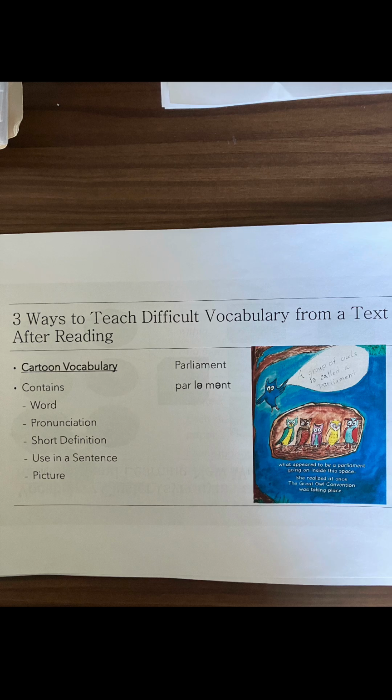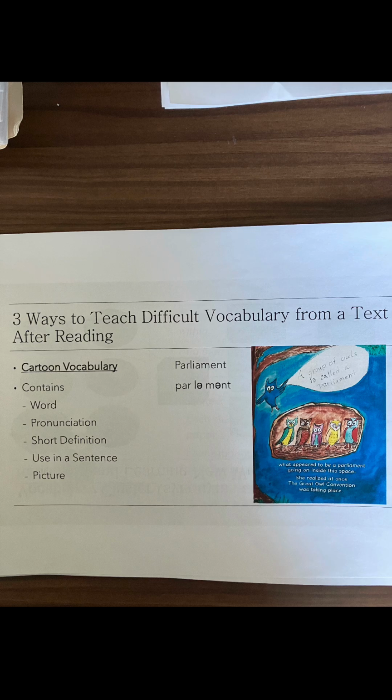So what cartoon vocabulary is, it contains the word, how you pronounce it. So here I have the word, it's parliament. Okay, so that word is in Millie's Night Owls. The pronunciation, so there I have the phonetic spelling, parliament.